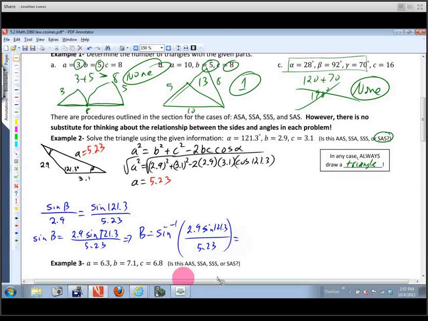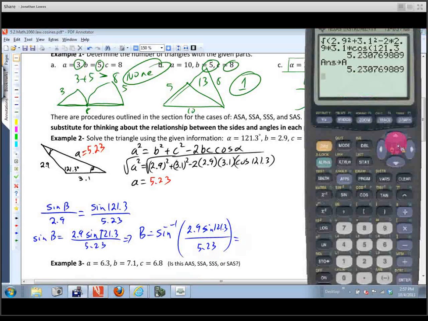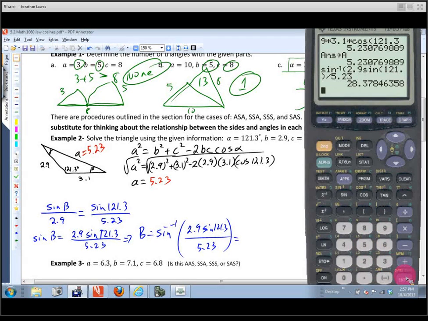So let's have the calculator do that also. And for that, I'm going to hit sine inverse 2.9 times the sine of 121.3, close the parentheses, and then divide that by, I could type in 5.23 and hit enter. I get 28.37 degrees.